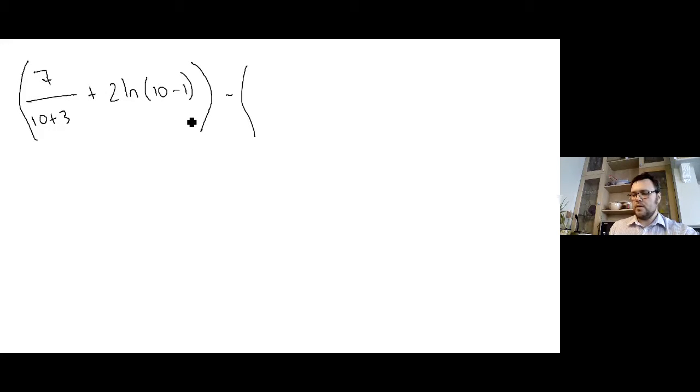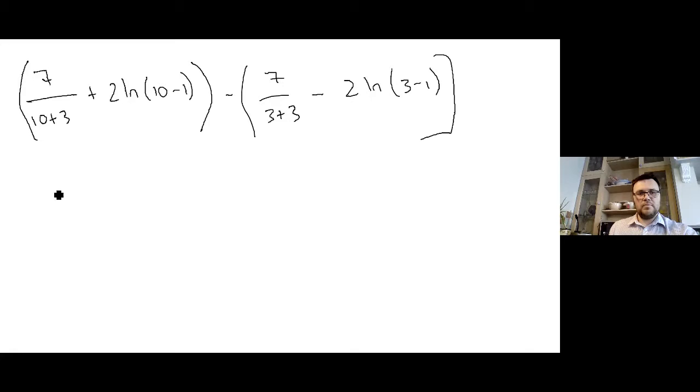So it's going to be 7 over 10 plus 3 plus 2 log 10 minus 1. And that then is take away 7 over 3 plus 3 minus 2 ln 3 minus 1.